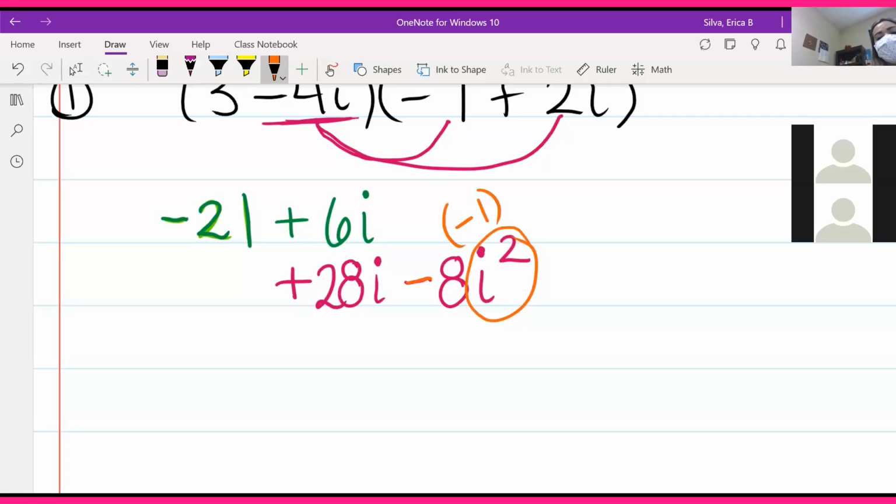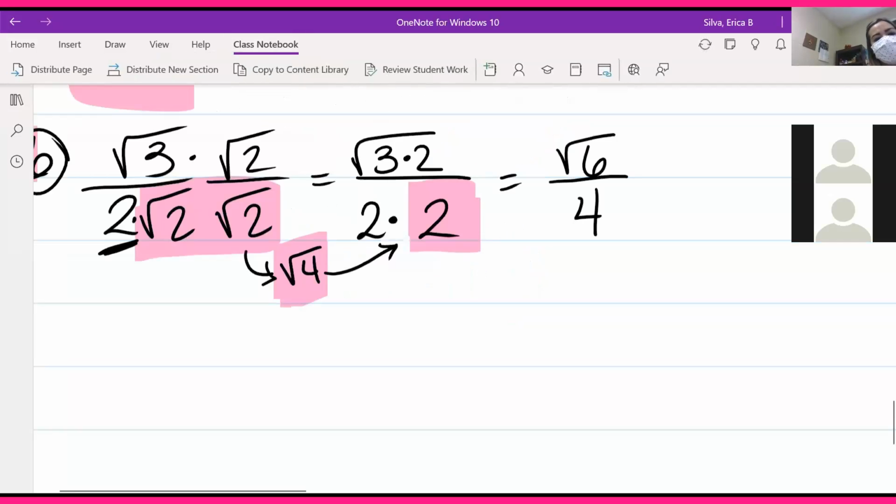That's going to be multiplied -8 times -1. That basically changes this sign to a positive. So I'm going to move it up here because it's a whole number also, and that'll be a positive 8. Does everybody see what I did? I'm going to undo it so I can do it again. We're changing this i squared.